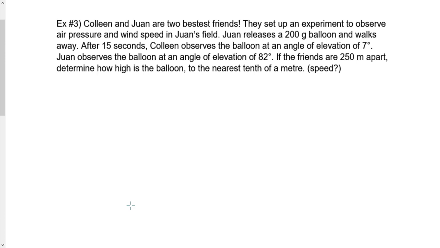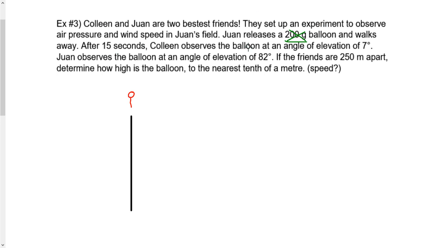So, the balloon is going up in the air. Make it nice and fancy. For reading this question, the fact that it's a 200-gram balloon really is irrelevant. We don't even need to know that bit of information.